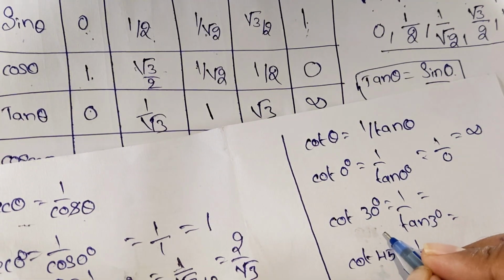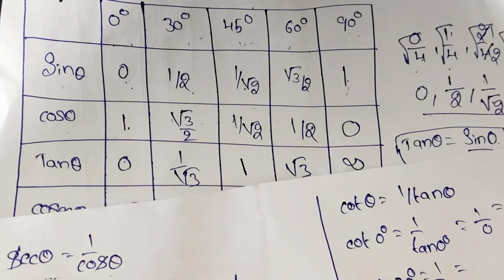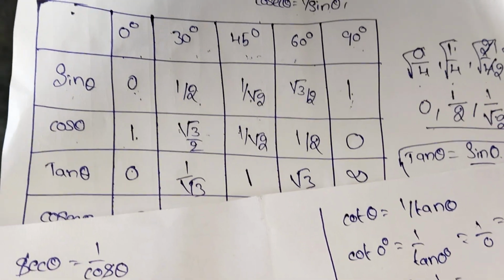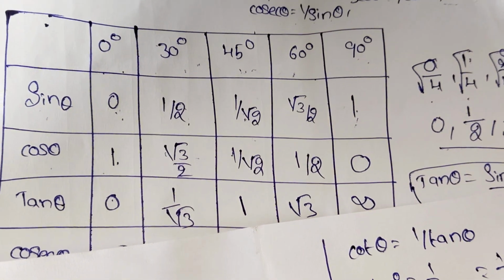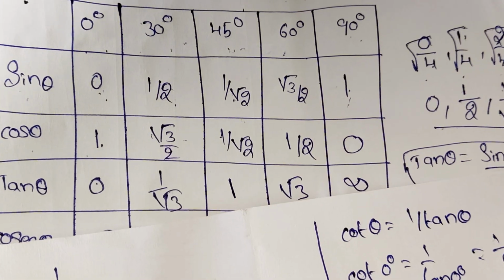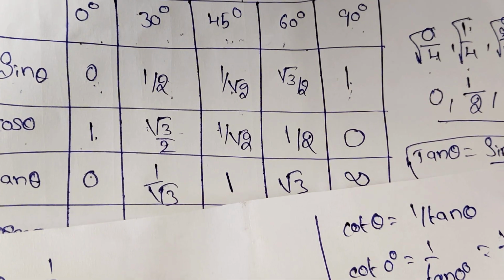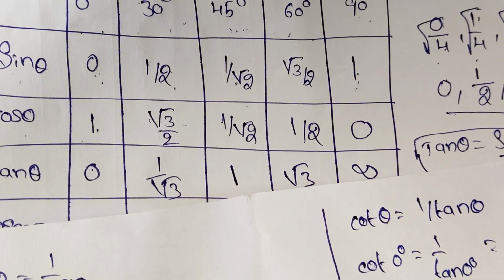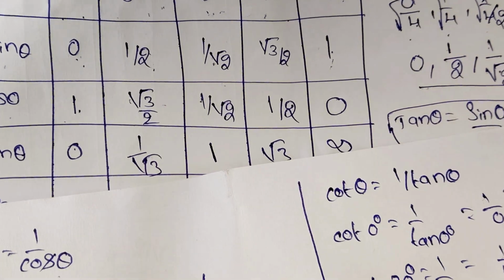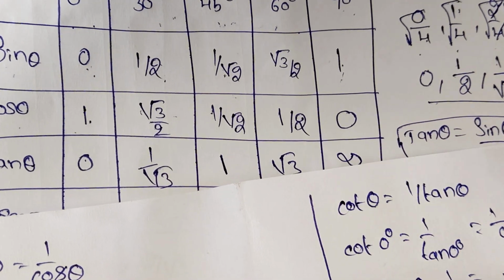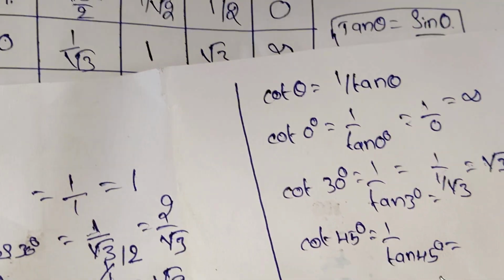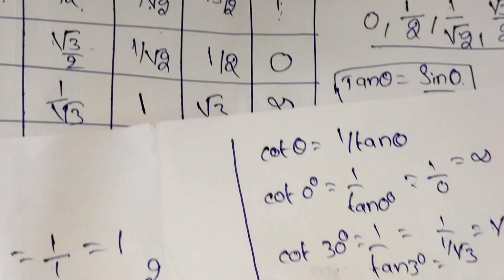Now we have to find cot 30 degrees. What is the value of tan 30 degrees there? Tan 30 degrees equal to 1 by root 3. So that means 1 by 1 by root 3, and that is equal to root 3. And cot 45 degrees. What is tan 45 degrees?